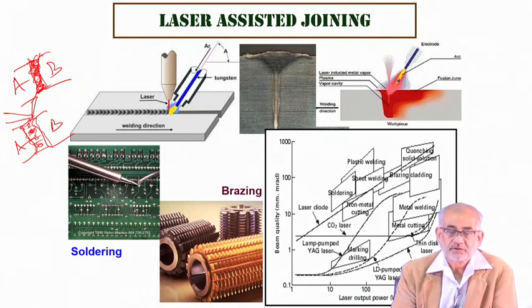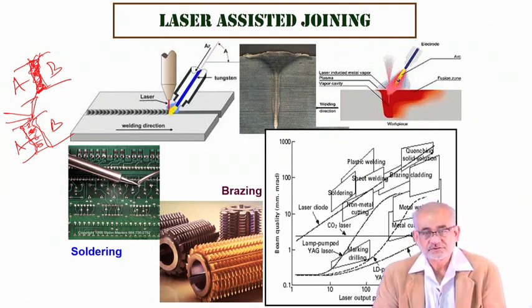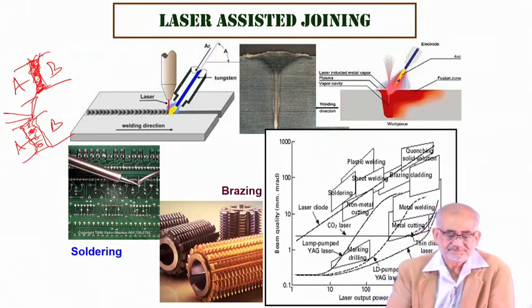Let's say easily below 300-400 degrees centigrade. Roughly speaking, about 400-450 is a cutoff point. Anything joined below that is called soldering, and anything above is brazing, provided you are using a filler metal, a low melting eutectic composition which fills up the gap.